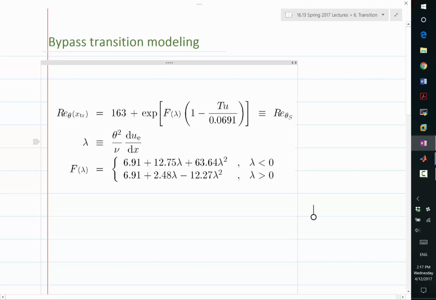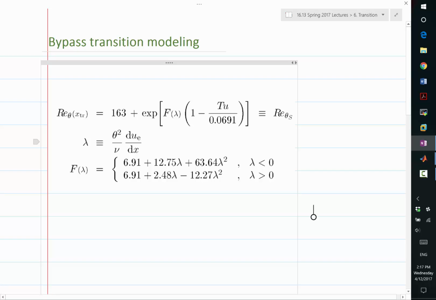This model is coming from a very general but very noisy observation that the location of the transition, particularly Re theta, the thickness of the boundary layer, is sensitive to the boundary layer profile and to the pressure gradient, if the turbulence level is relatively low.